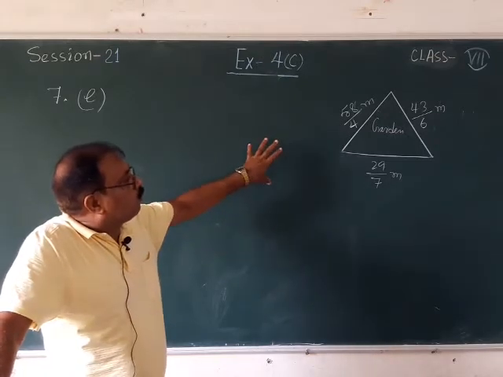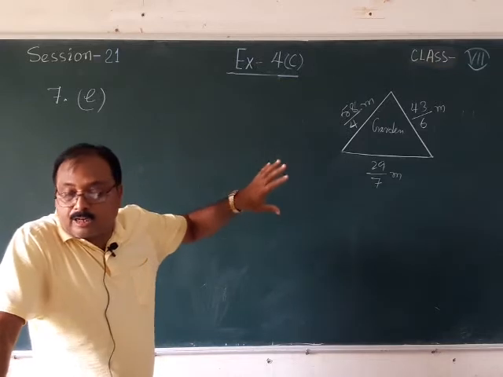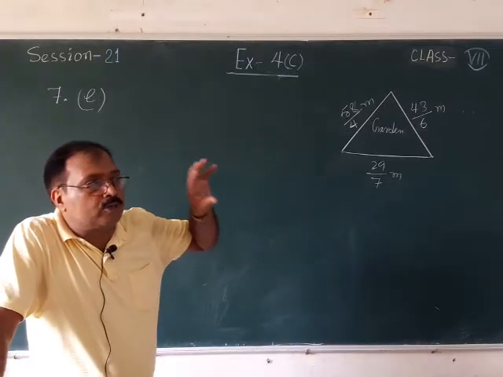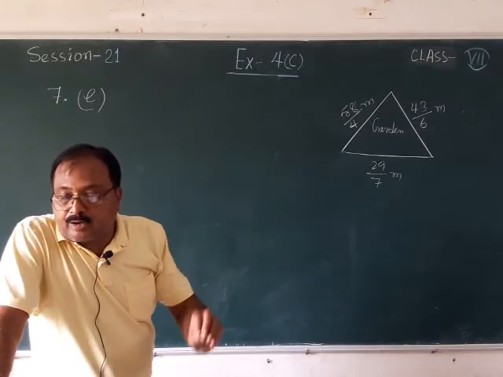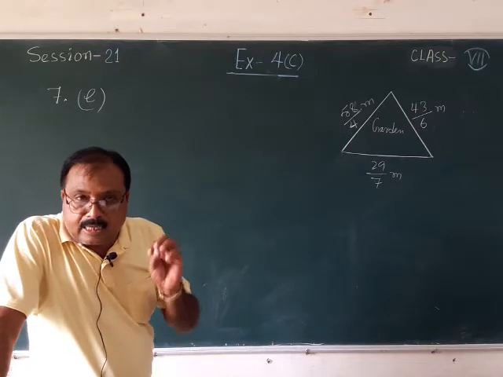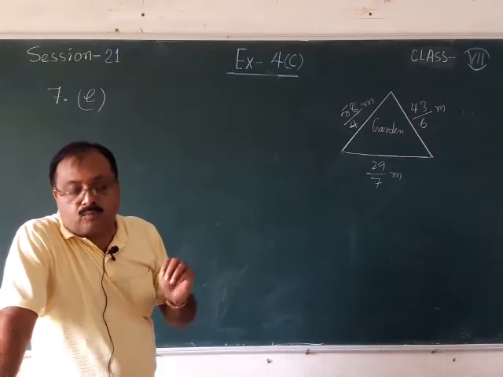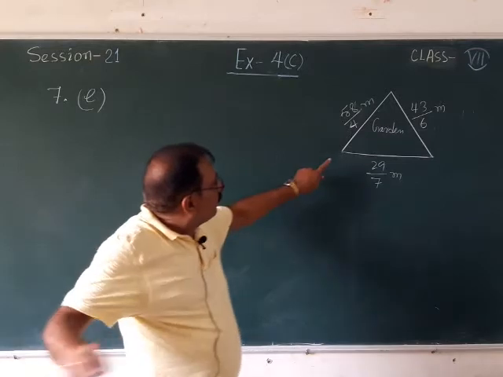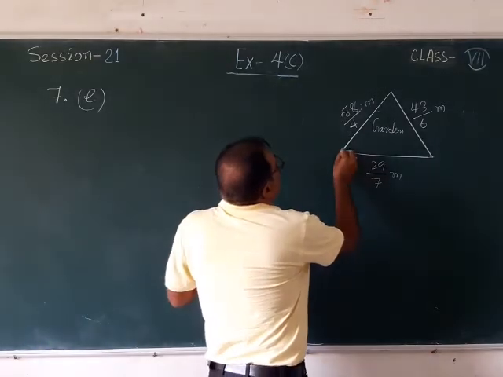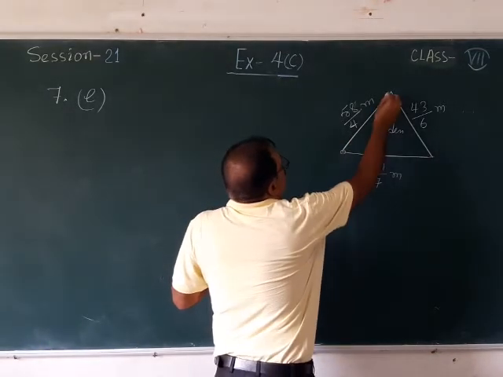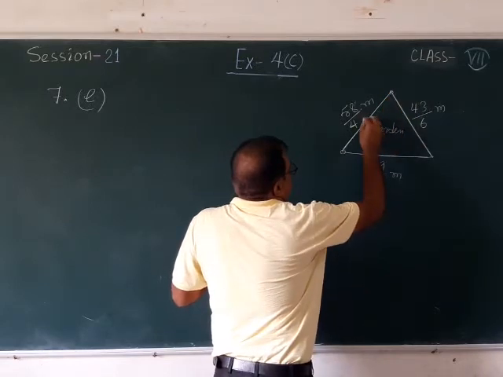Now you need to find the perimeter of this garden. First of all, you need to find the perimeter of this garden. Then only you will be able to find the cost of fencing, because fencing means you are putting wire from this side to this side and from this side to this side.